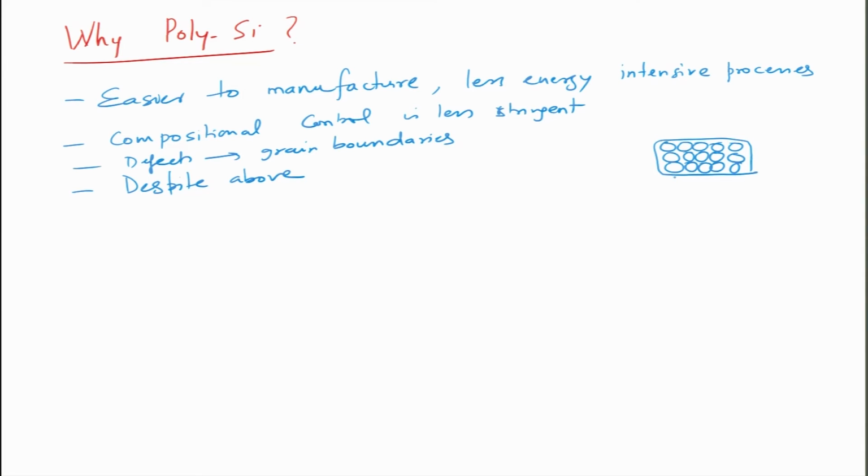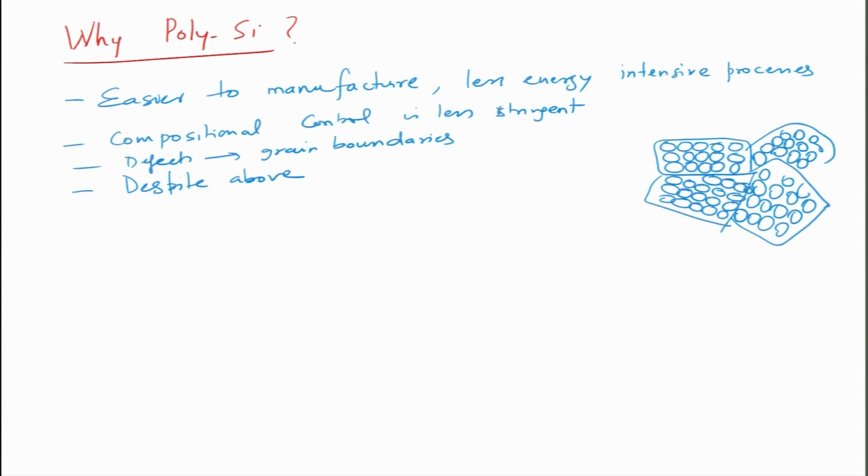In the next grain, you will have atomic arrangement like this. This will be the next grain, and another grain may be something like that. So, this is another grain, and then here you may have another grain. So, these are what we call grain boundaries.